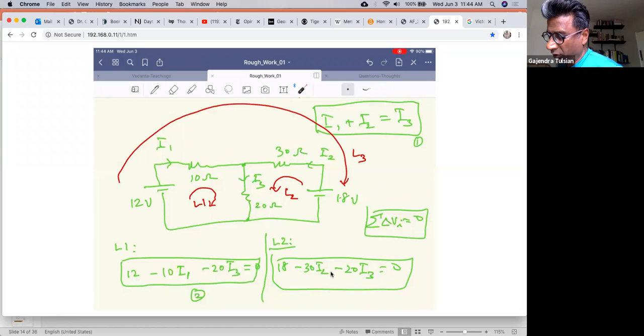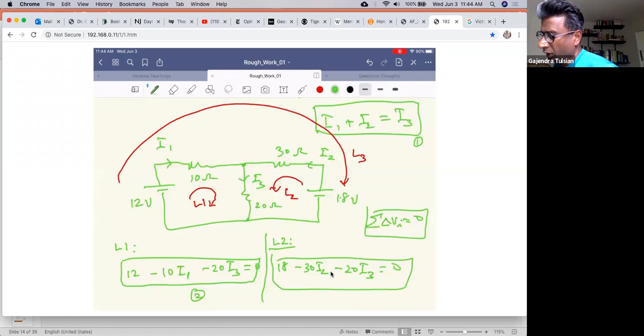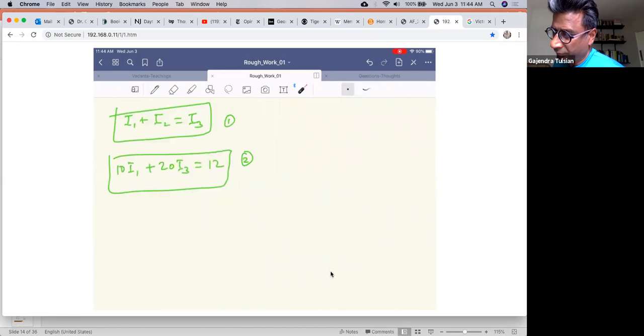So 10 I1 plus 20 I3 is equal to 12. That's equation 2. And this third equation says 30 I2 plus 20 I3 is 18.